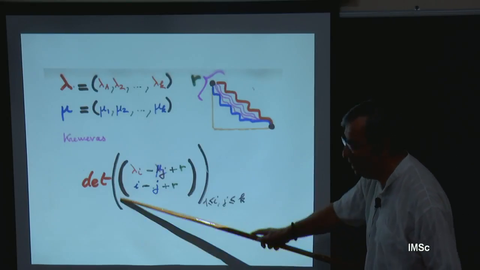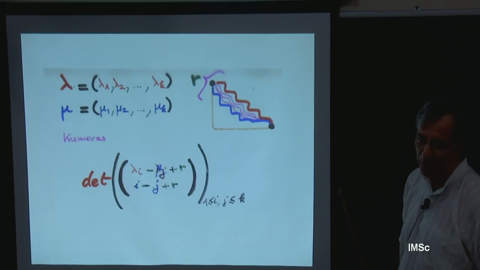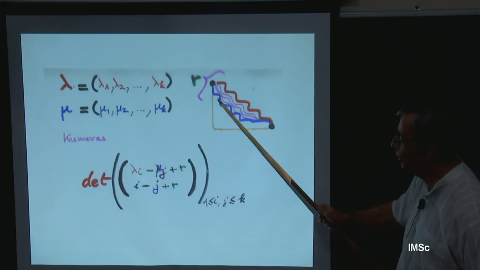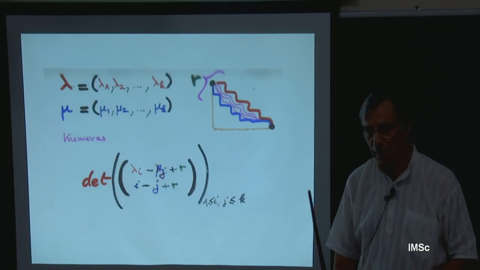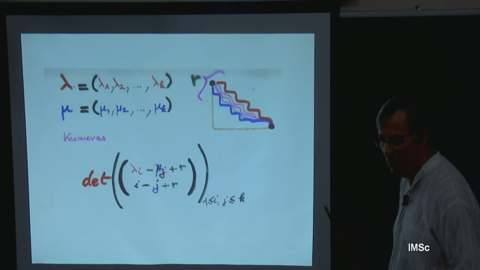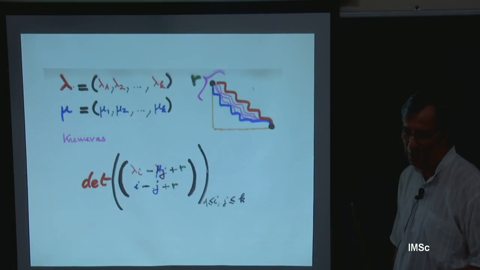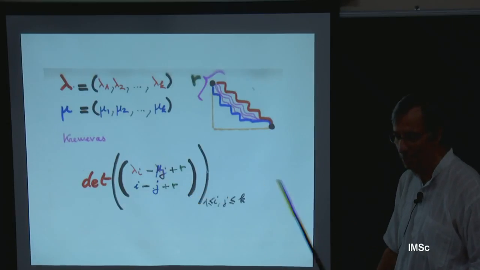So we get a nice determinant. And there is a similar proof, again with a dual configuration. This configuration of paths is going to be in bijection with a configuration of green paths, but you have to extend it. So I leave you as an exercise to try to find the good dual configuration giving this determinant.